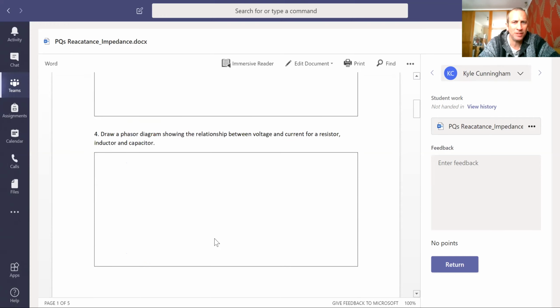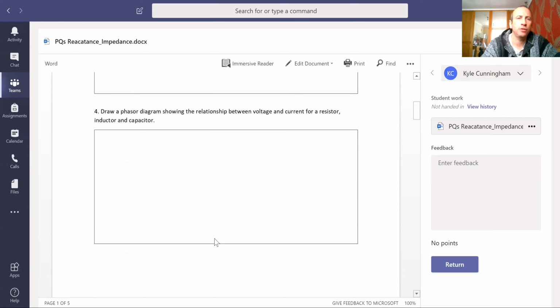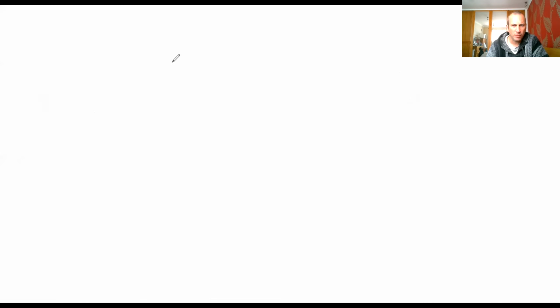The phasor diagrams we did in class, right? If you remember, the phasor diagrams were just like a chart. Let me show you that one. Phasor diagram showing the relationship between voltage and current for resistor, inductor, and capacitor. So if I show you what kind of drawings we're looking for, I'll draw it freehand.